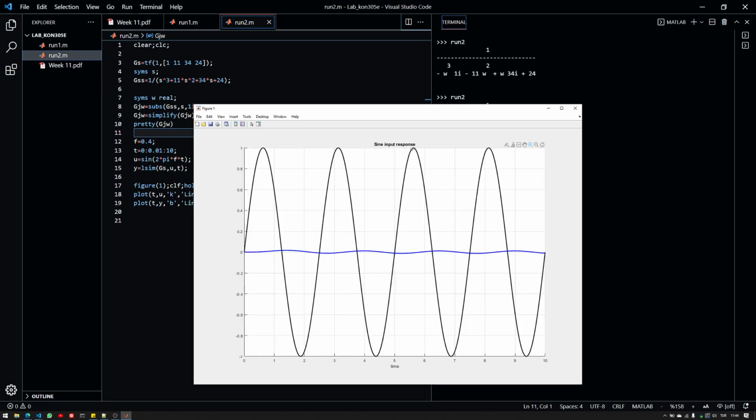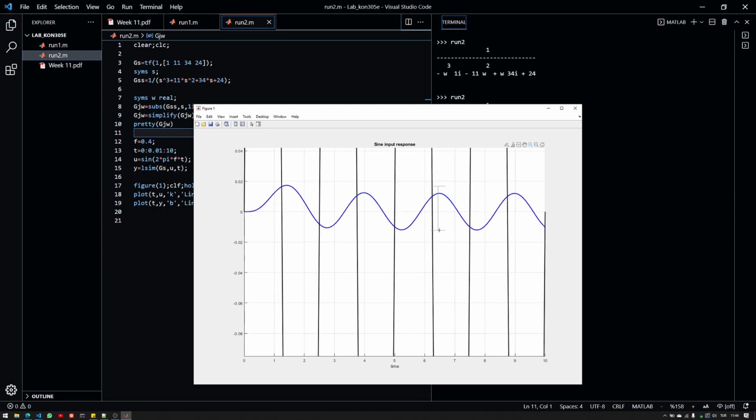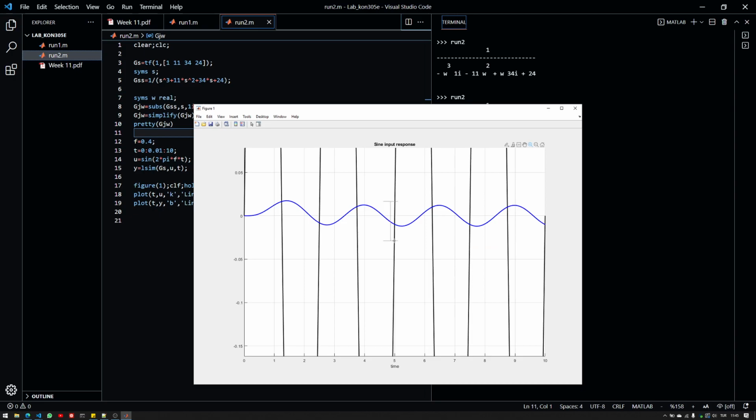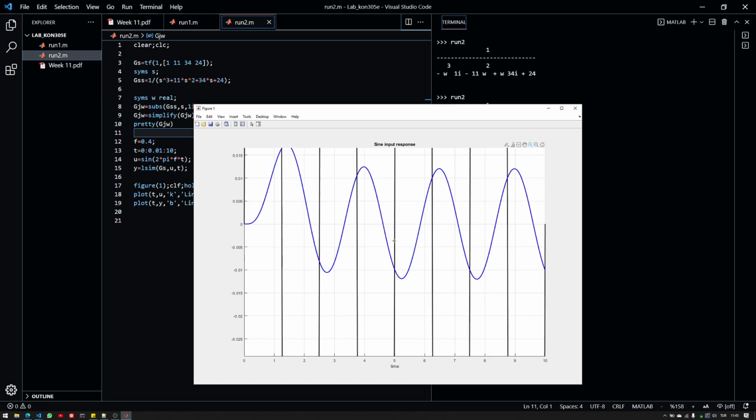Even though my input has amplitude 1, the amplitude here is really, really low. And the other difference here is that we have also a shift in the time axis, which means that we have a phase here.